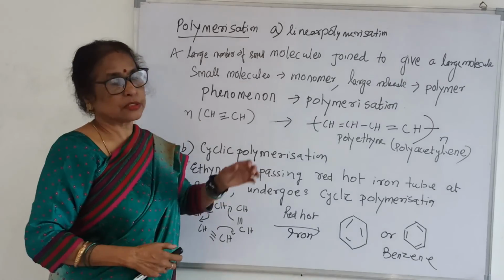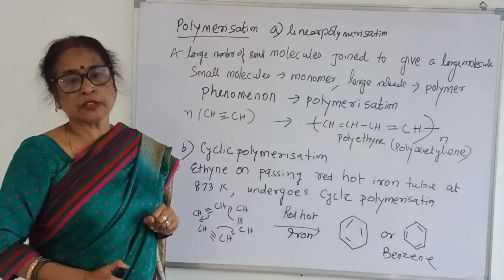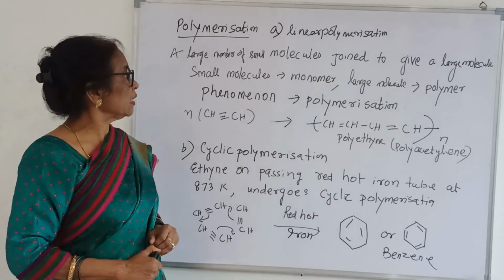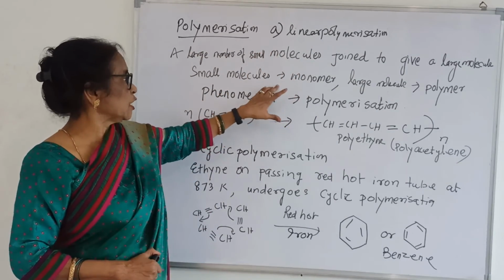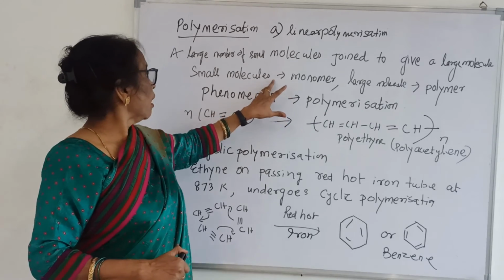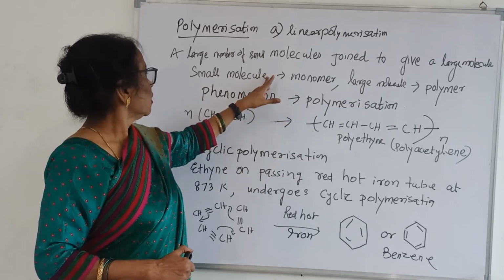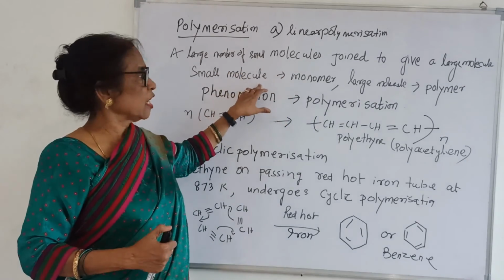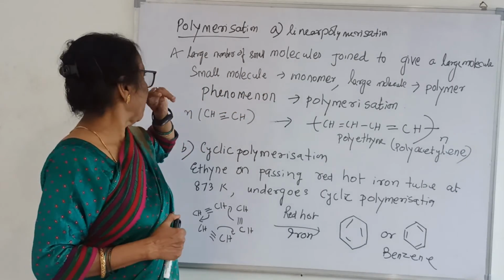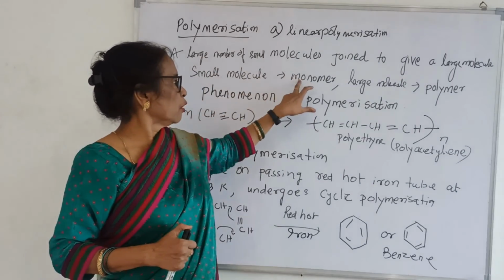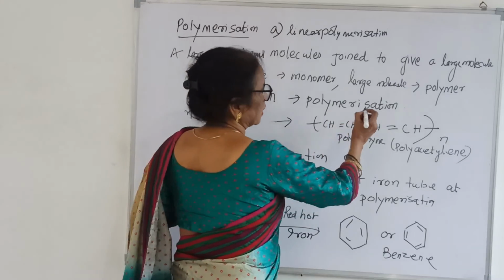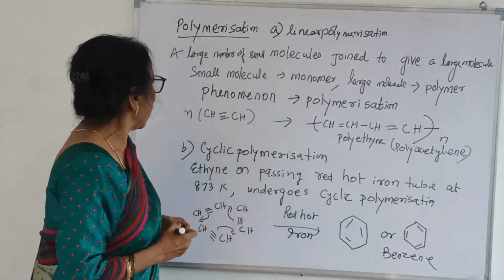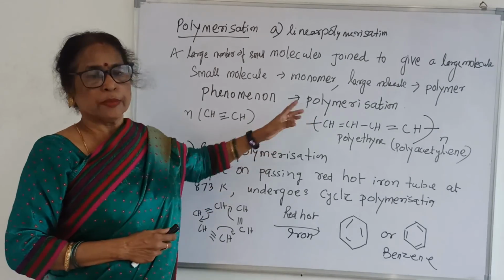So what happened? One is linear polymerization, the other is cyclic polymerization. A large number of small molecules, each one is called a monomer, and don't write plural here, otherwise it may be confusing. A small molecule is called a monomer, the large molecule which is formed is called a polymer, and the phenomenon is called polymerization.